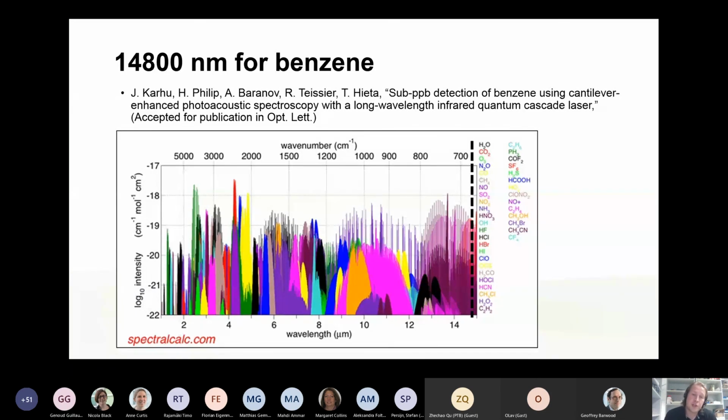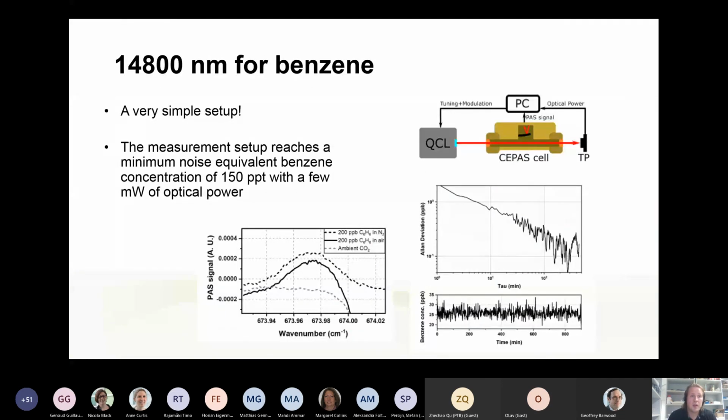One interesting feature here is that usually interference from water is a big issue in this region, but here it's interference from carbon dioxide. That's the major challenge. It's a very simple setup. It doesn't get much more simple than this. There's a QCL that is wavelength modulated, then there's a photoacoustic cell or a sensor, and a power detector for normalization.